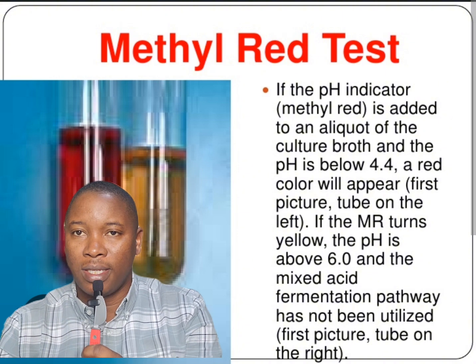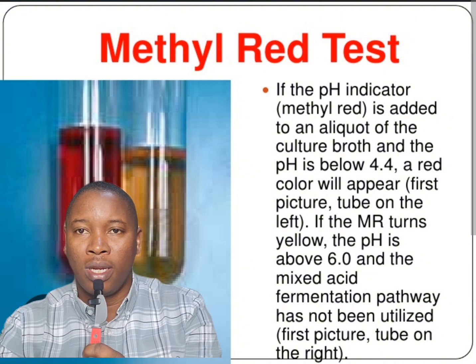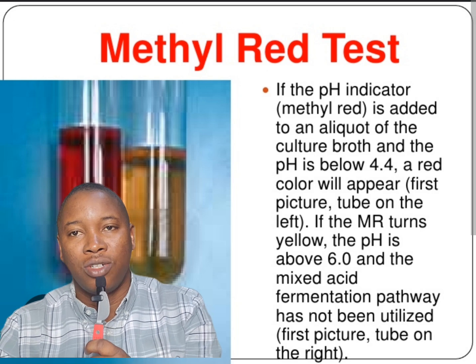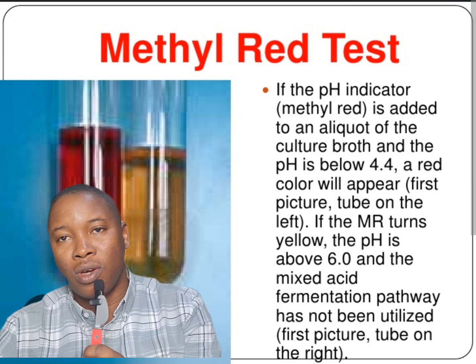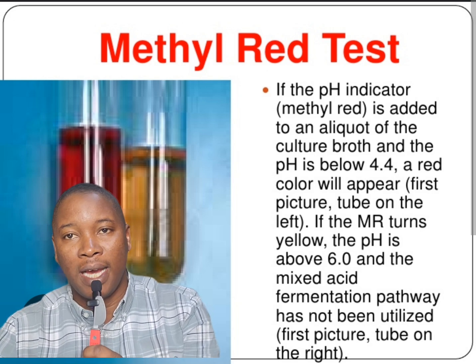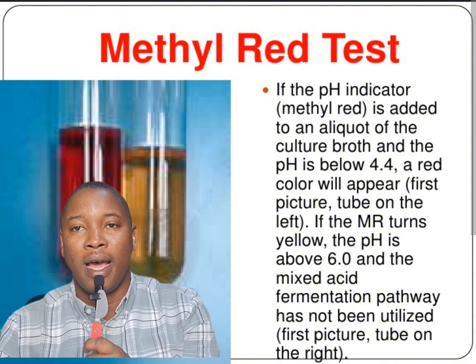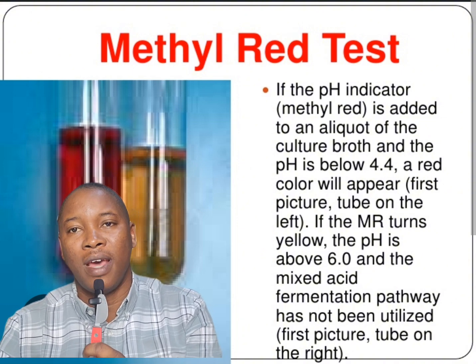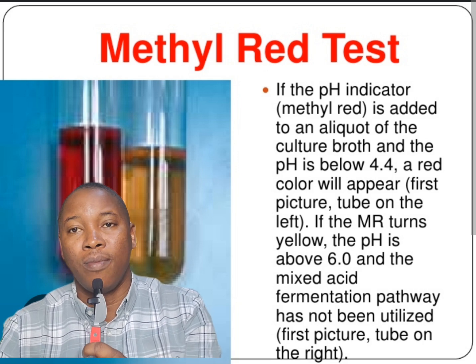So basically, understand the two different organisms. One set are able to do mixed acid fermentation, produce many acids, drop the pH of the medium, the indicator picks it up, and you see it as a color change to red. The other kind of organism produces acetoin at the end of its fermentation of glucose, so it is unable to change pH.